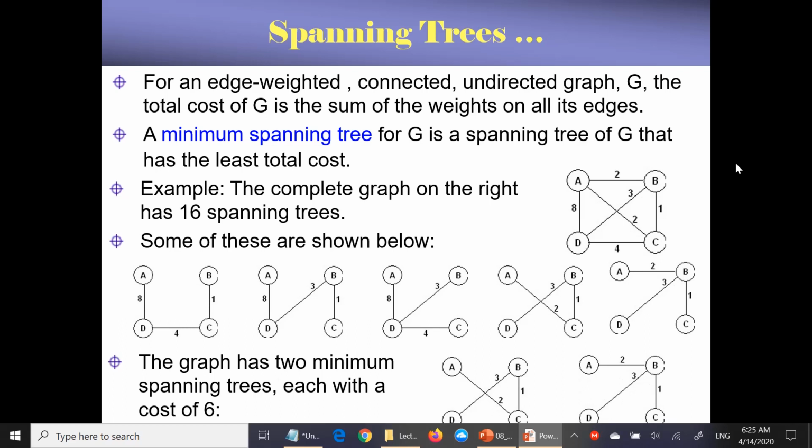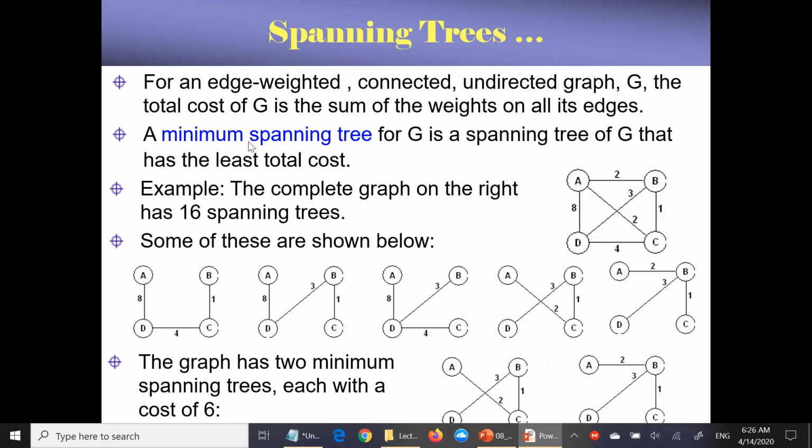Okay, so this is the answer. The graph actually has 2 minimum spanning trees. Each one will cost only 6. That's a big difference compared to this that is costing 13. And these are the two that are minimum.